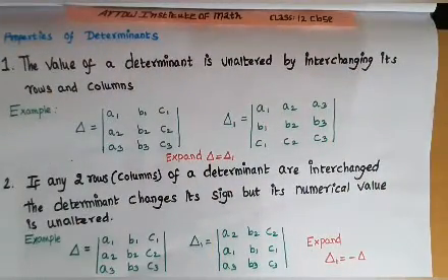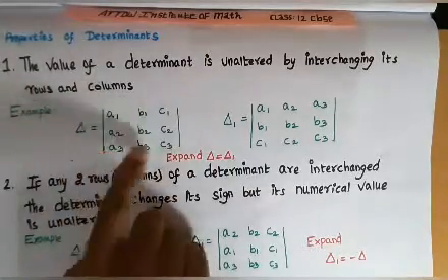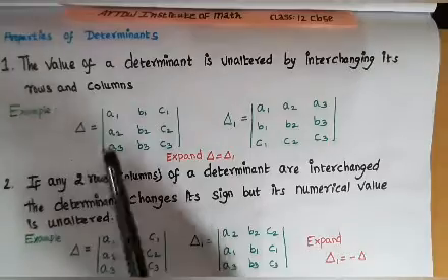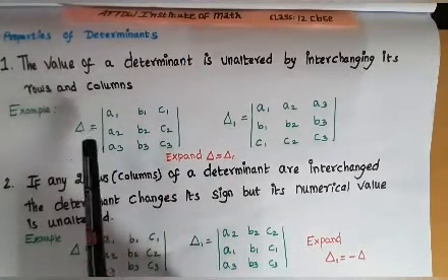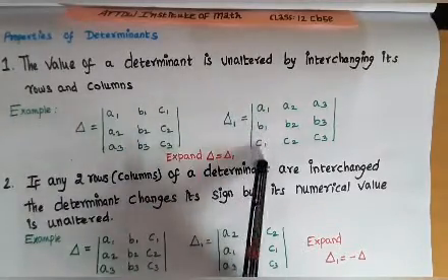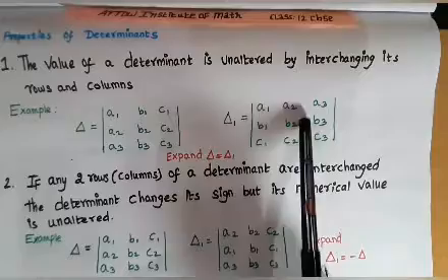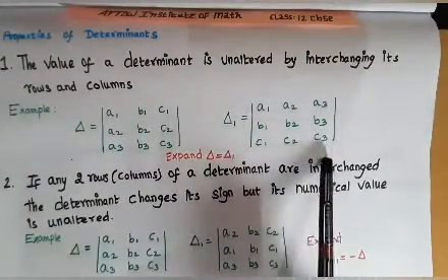So that means, if you have the example del equal to a1 b1 c1, a2 b2 c2, a3 b3 c3, you want to interchange the rows as columns. So the first row becomes the first column: a1 b1 c1; the second row becomes the second column: a2 b2 c2; the third row becomes the third column: a3 b3 c3.